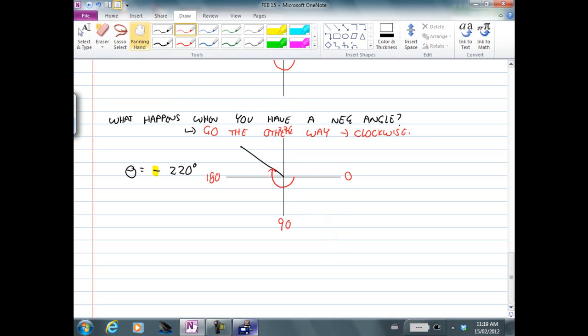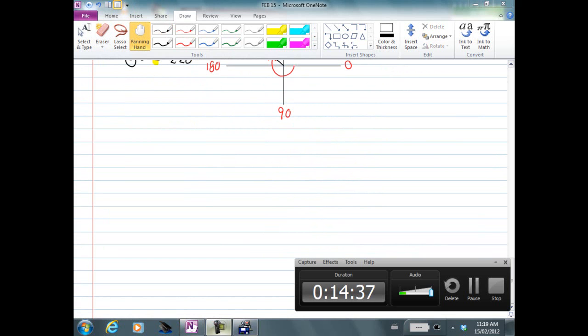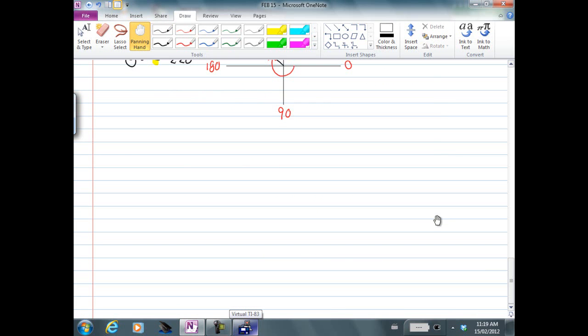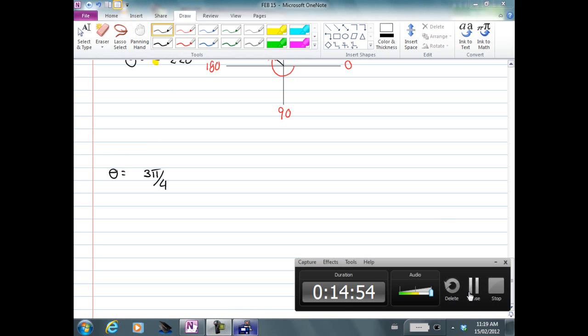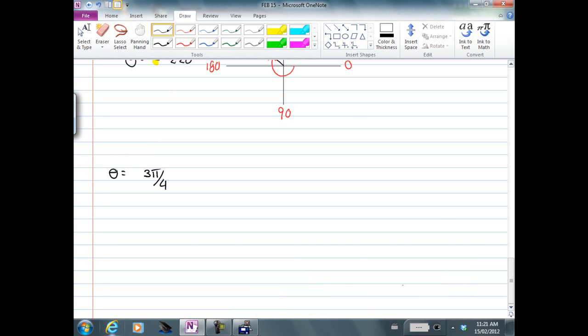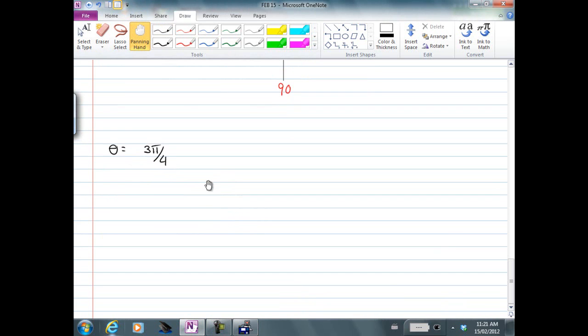Hot shots, try this. You can do degrees. How many of you can work with radians? Theta equals 3 pi by 4. I'm going to pause it and let you try. Some of you saw radians and said, hey, Mr. Snow, this was easy. I hate radians, so I'm going to convert to degrees.